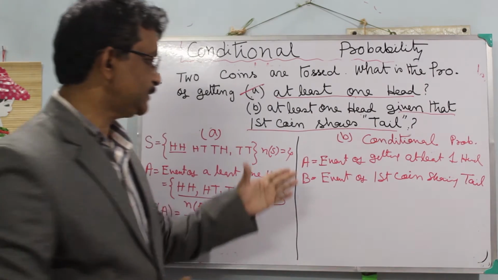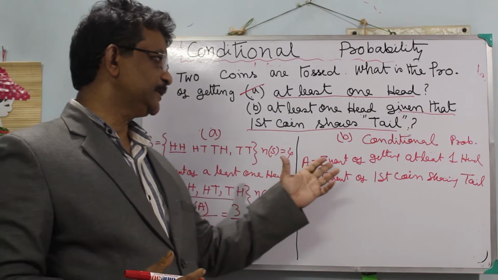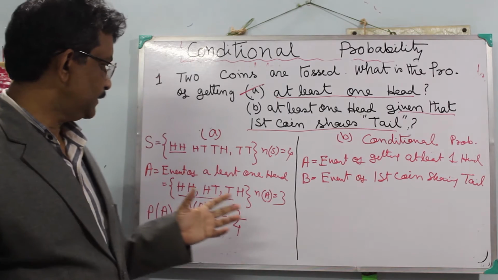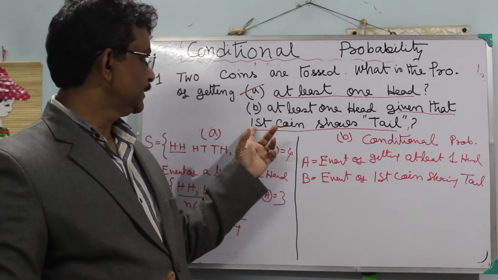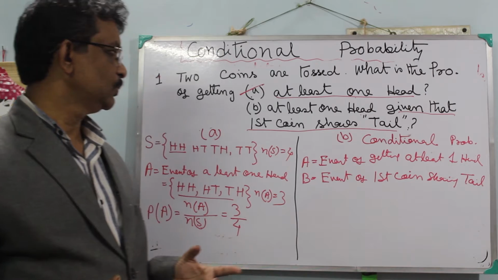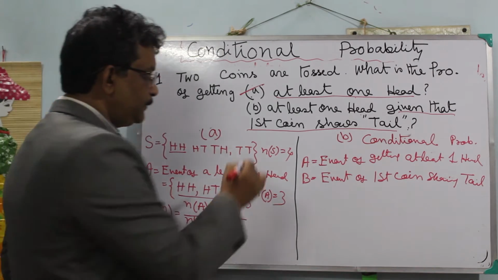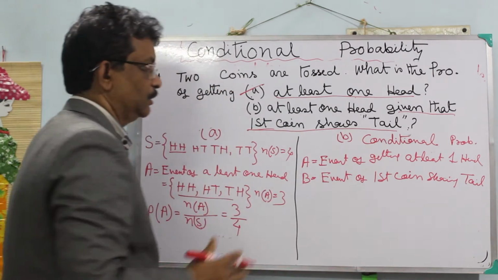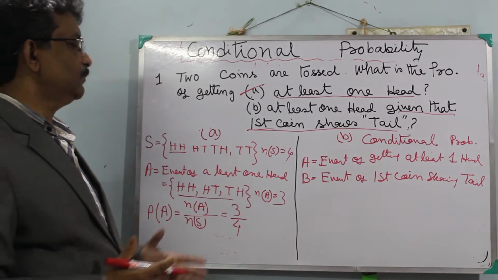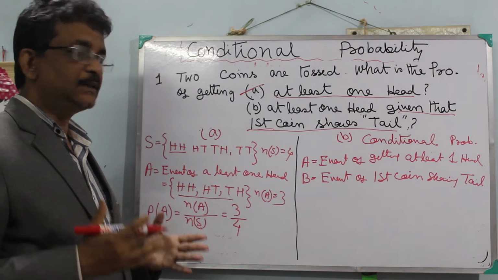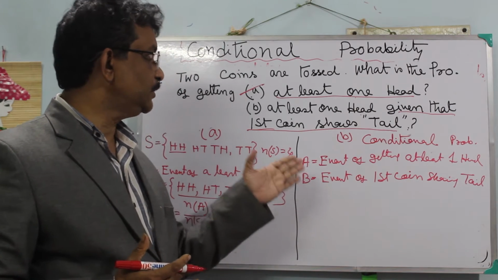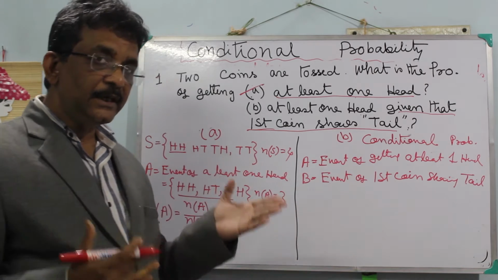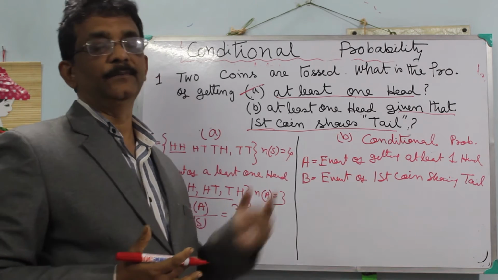So there are two events, A and B. A is the event of getting at least one head, and there is another event, the first coin shows tail. So event B has already occurred. This is conditional probability. What is the condition? The condition is that event B has already occurred, then tell what is the probability of A.